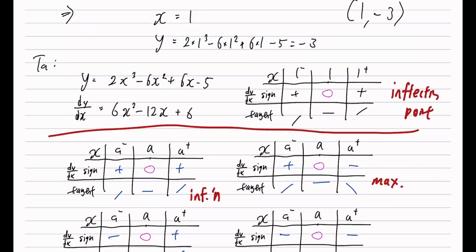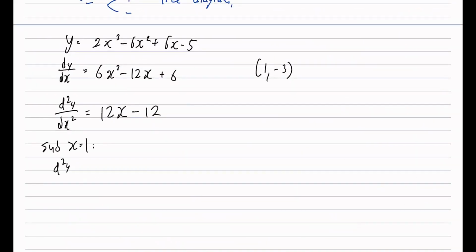If you sub x equal to 1, you end up with d2y by dx squared, vertical line x equal to 1. I didn't even have to say sub x equal to 1 because of the vertical line, okay? Which is 12 times 1 minus 12, which equals 0. What's the conclusion? Next point, minimum point?